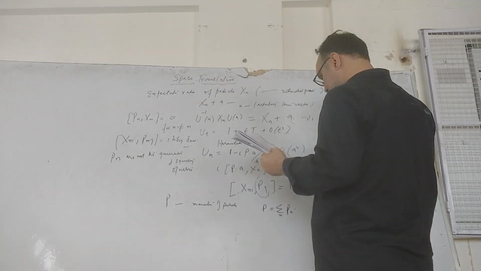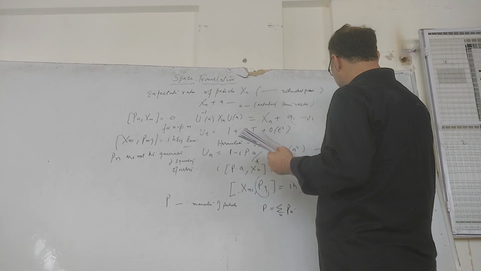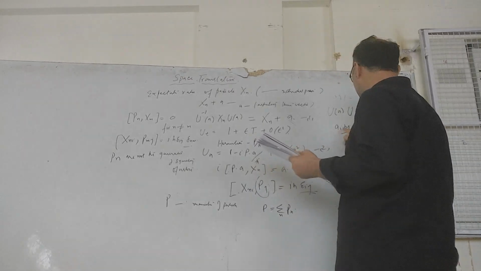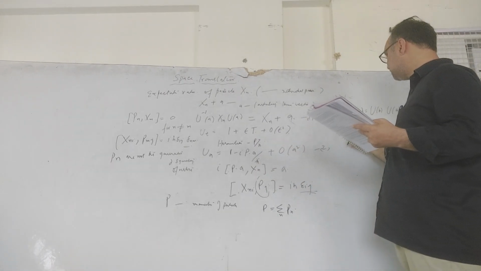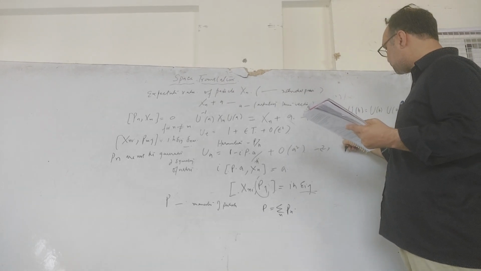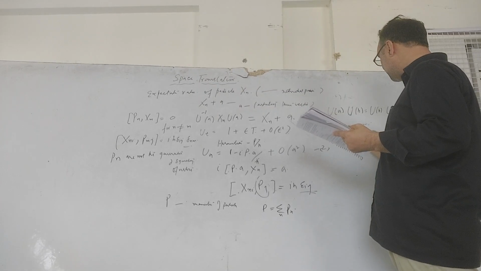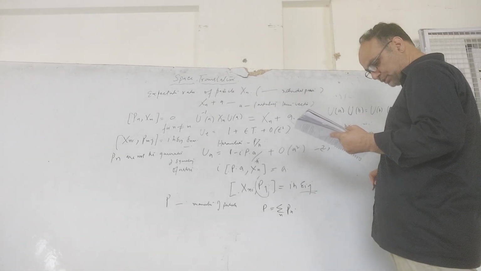Such that if we say the components of the momentum commute with each other, I and J commute, so P_I, P_J will come out to be 0.